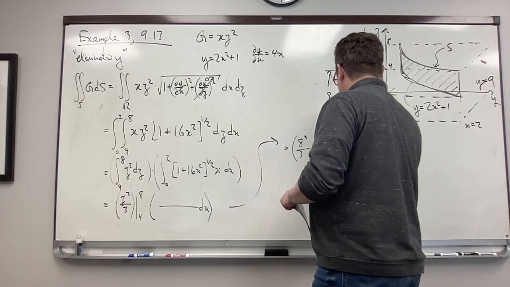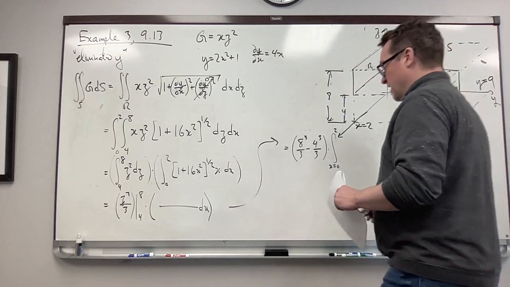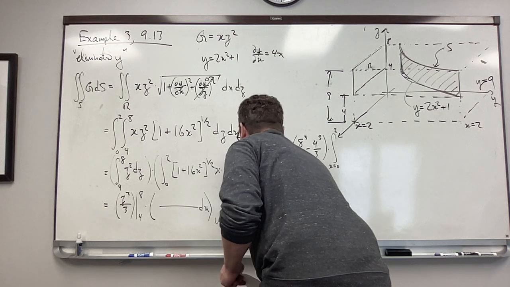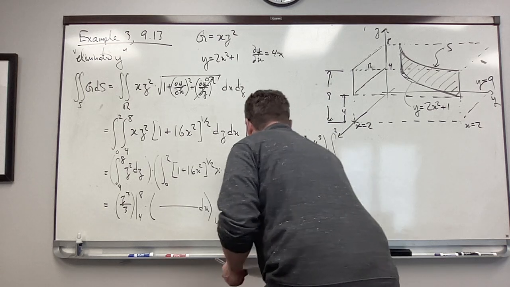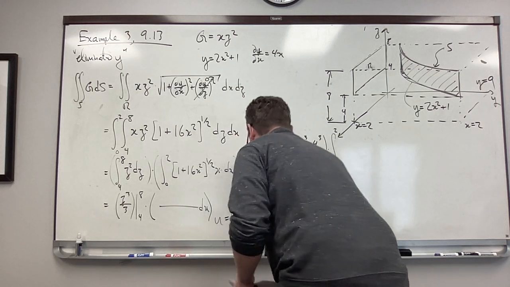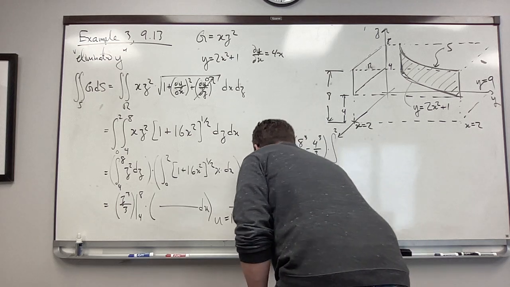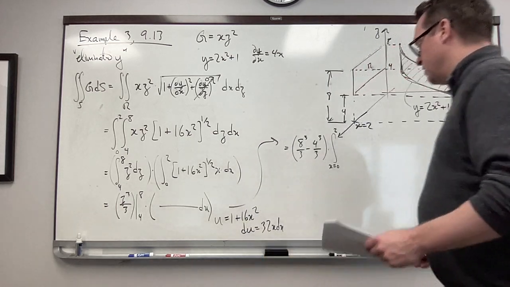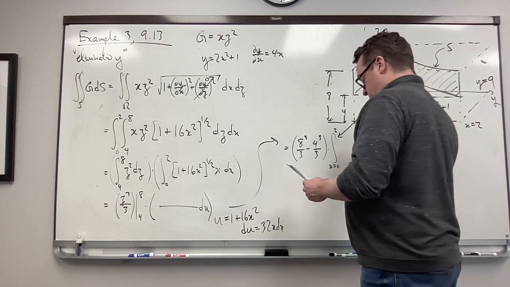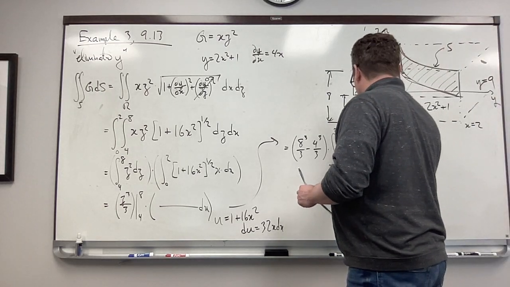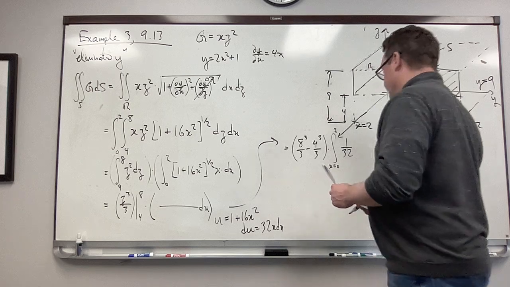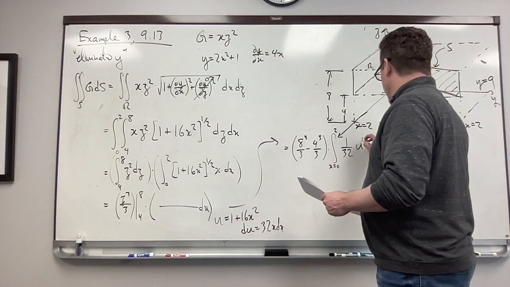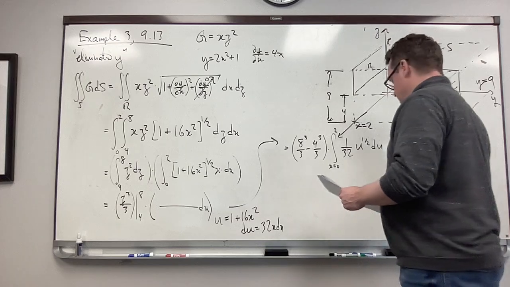x equals 0 to 2, and we're going to let u equal 1 plus 16x squared, so du equals 32x dx, so x dx is du over 32, so this becomes 1 over 32 u to the 1/2 du.